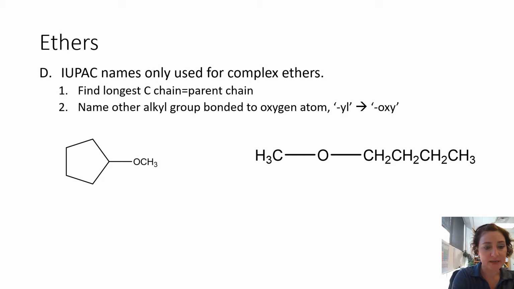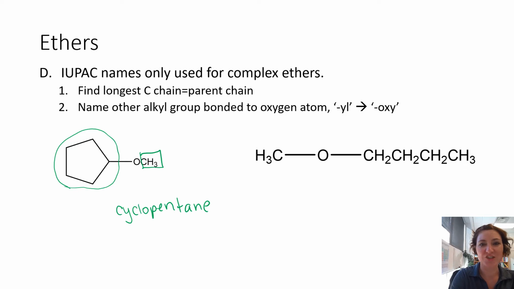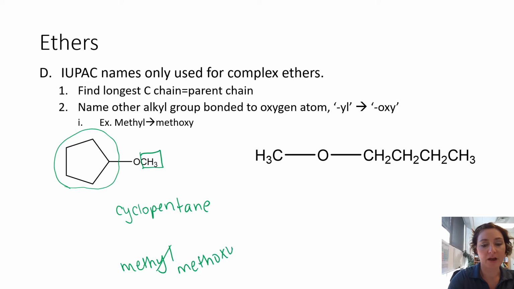On our first example, the cyclopentane is going to be our parent chain. So this is cyclopentane. I look to the other R group attached to my oxygen, and I do have a methyl group. As you remember, we're going to take methyl, omit the YL, and that becomes methoxy.